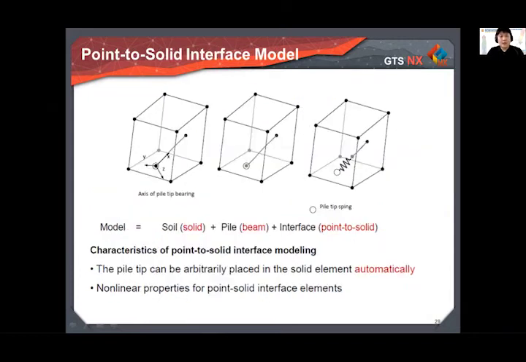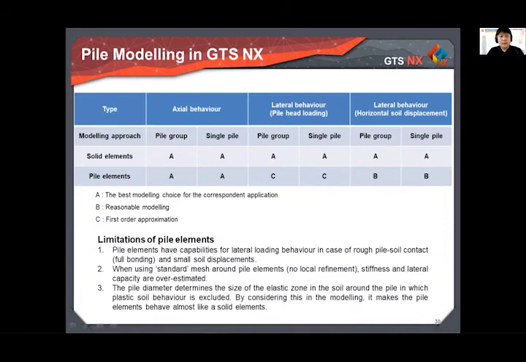And this is about the pile tip element. At the bottom of the pile, you can consider the tip bearing capacity as well. The pile tip can be arbitrarily placed in the solid element automatically. This slide shows a comparison between using the solid element and the pile line beam element for the pile.